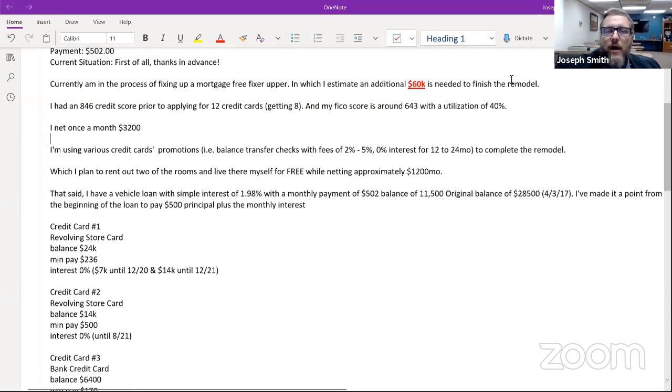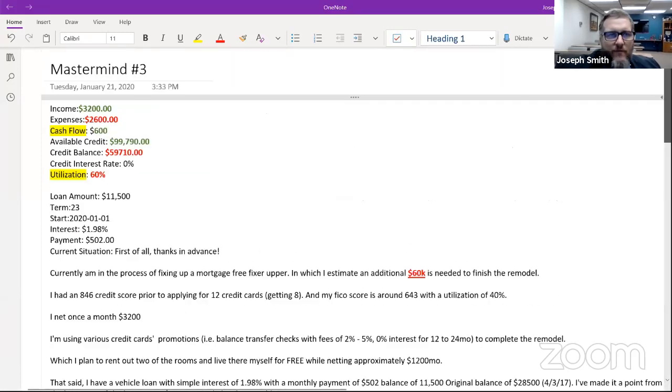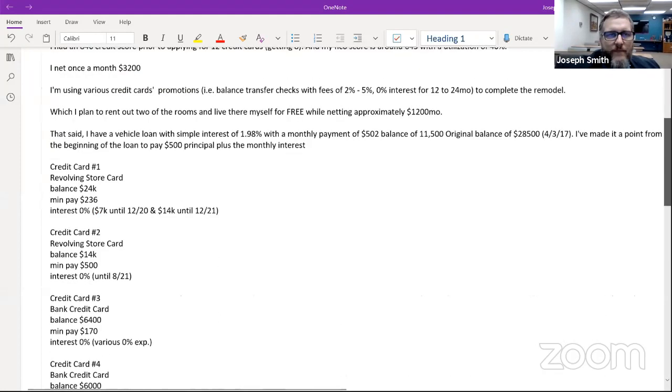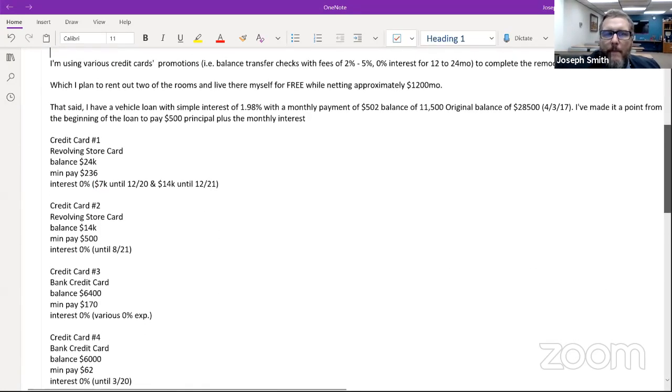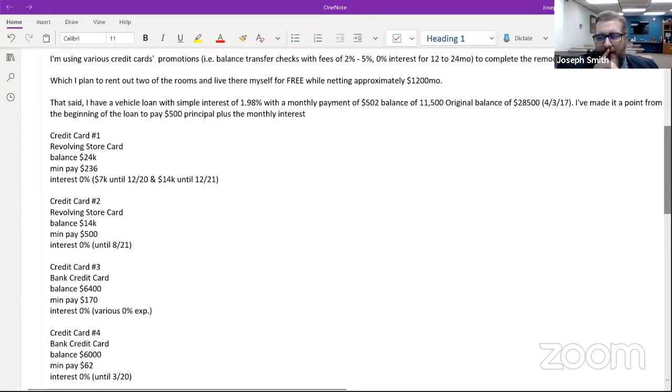But now this person's noticed that their credit score has dropped to 643, and they calculated their utilization at 40%, but that doesn't jive with the numbers that they're sharing. But a lot of people calculate their utilization differently. They might look at their total utilization, or maybe they're just looking at it on one card.